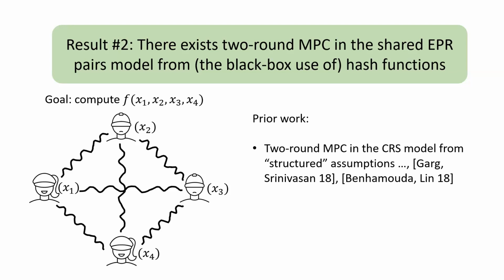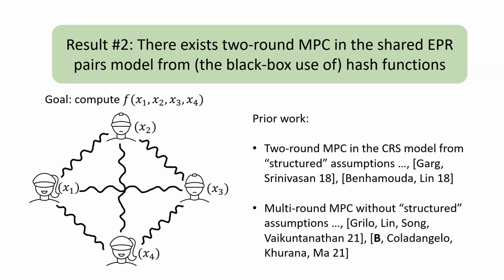On the other hand, if we don't want to use structured assumptions and we're okay with quantum communication, there's again a very long line of work that culminated in showing that we can achieve multi-round MPC without structured assumptions. So in our work we show that in the shared EPR pairs model you can get the best of both worlds. You can get round optimality, two rounds, and without structured assumptions, we just need hash functions.